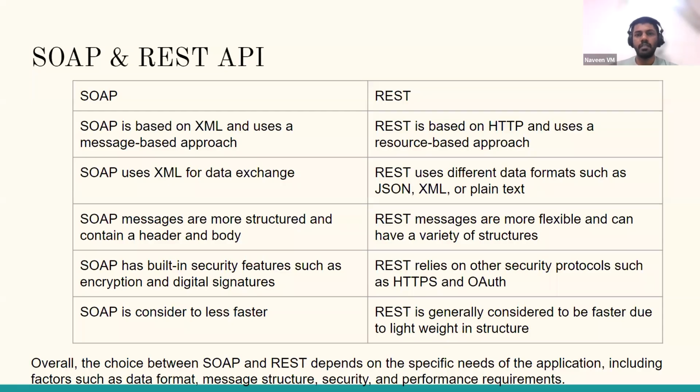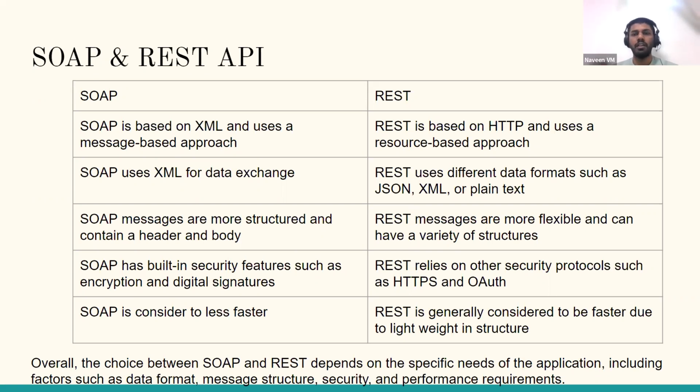Now, the main architectural types of API are SOAP and REST. We'll see a brief comparison of the differences between SOAP and REST. SOAP is based on an XML architecture and a message-based approach, where you put the whole message into the XML itself.